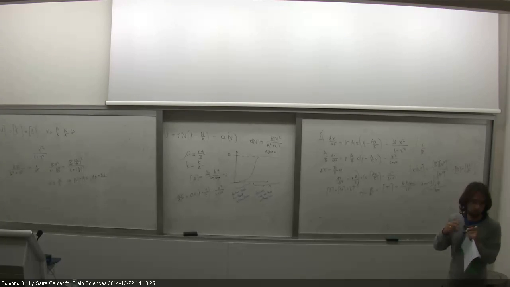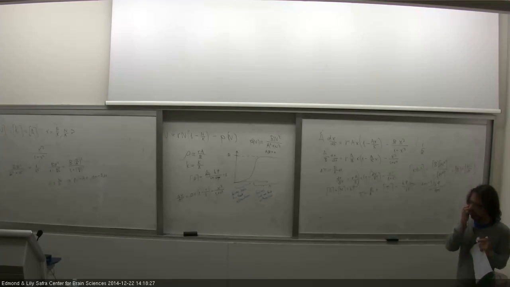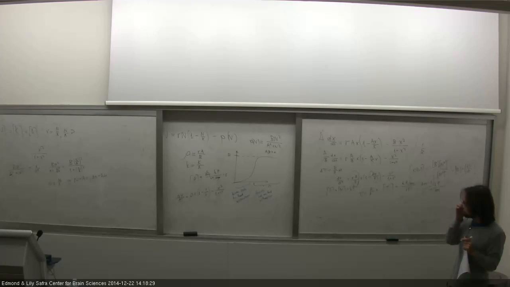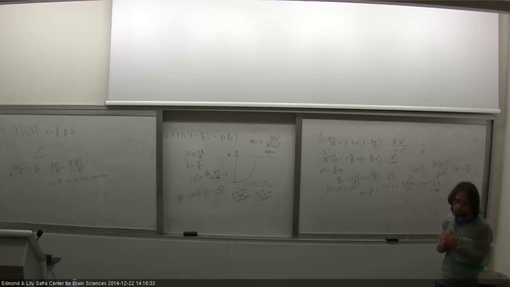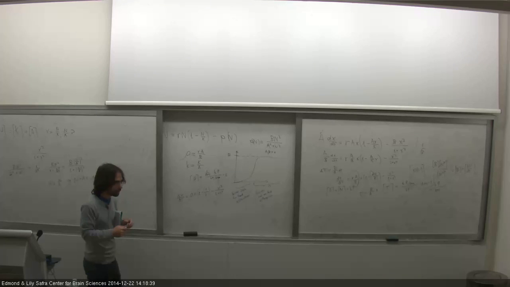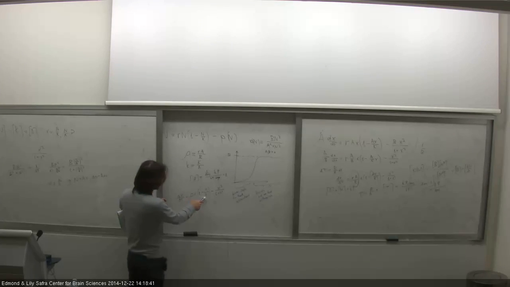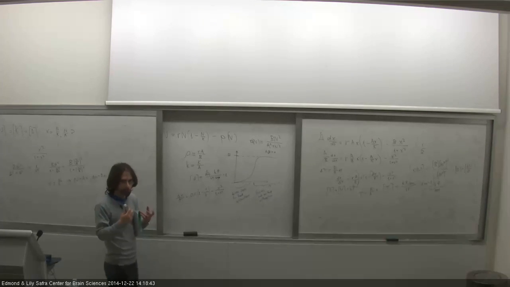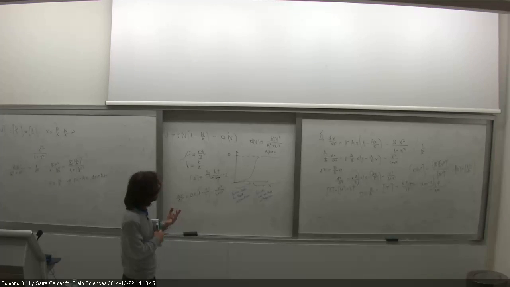The variables x and tau are non-dimensional, and the parameters that I'm left with, rho and k, are non-dimensional. And I can interpret them because I already know this form of the logistic equation. So I have this k that is my effective carrying capacity in the non-dimensional form.